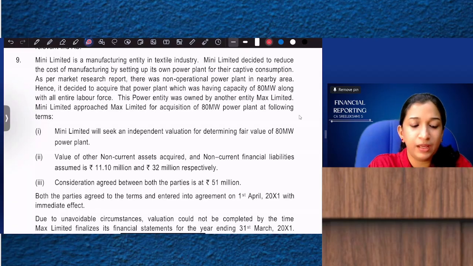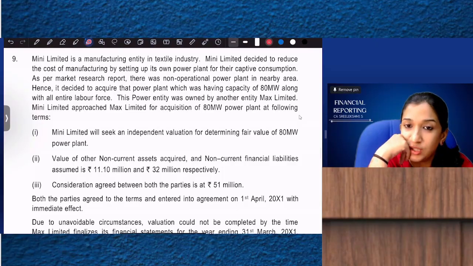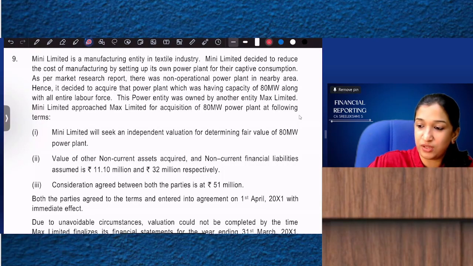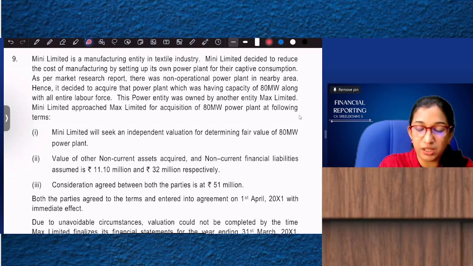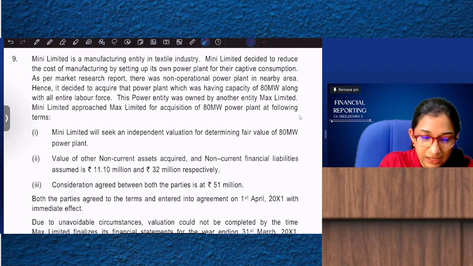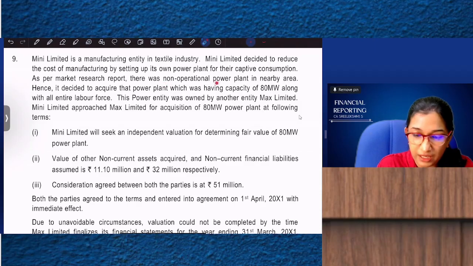Question number 9. Mini Limited is a manufacturing entity in the textile industry. Mini Limited decides to reduce the cost of manufacturing by setting up its own power plant for captive consumption. As per the market research report, there was a non-operational power plant in a nearby area.